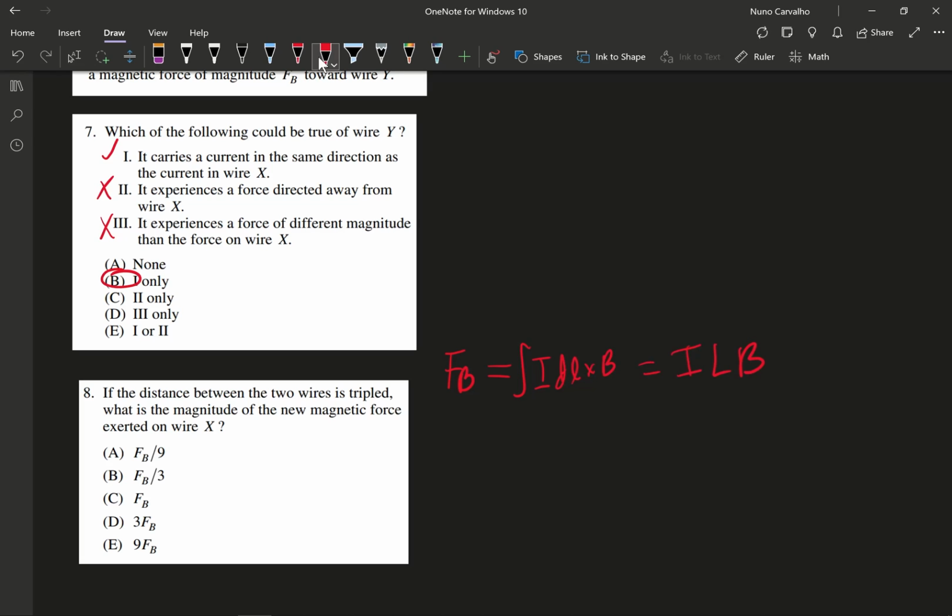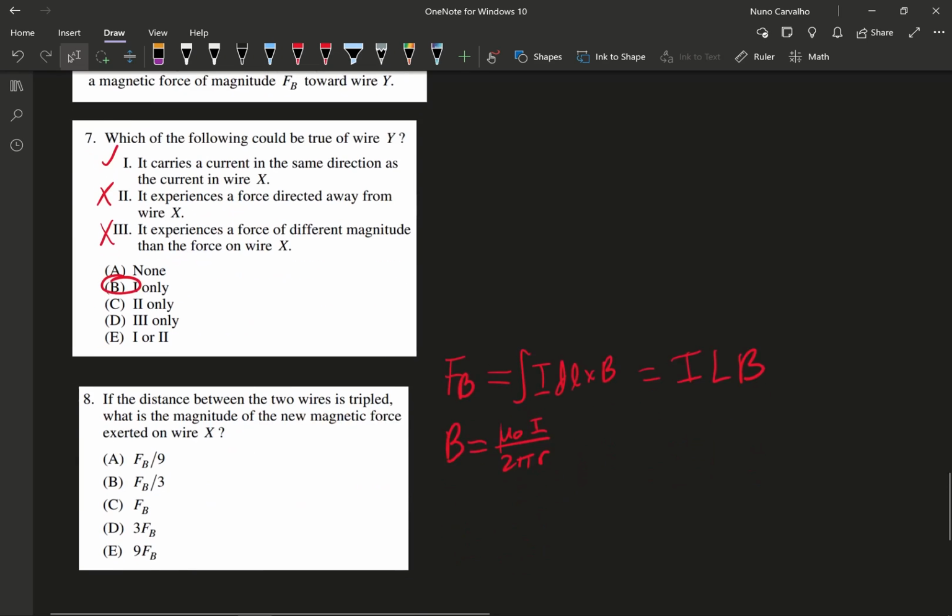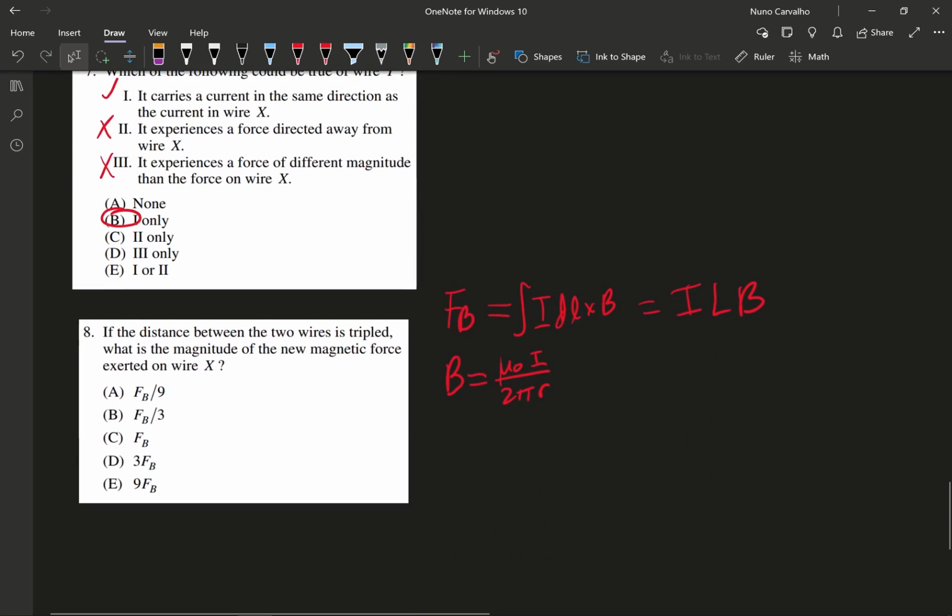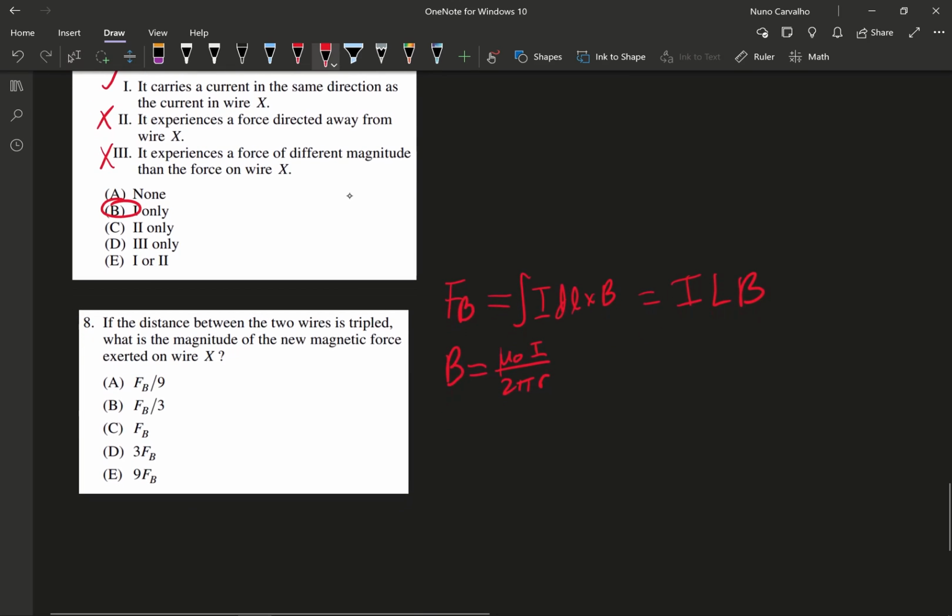But then we also don't know what the magnetic field itself is, and this is not given to you on your formula sheet, but you can derive it using Ampere's law. But it will look something like this, where R here is the distance between the two wires. And by the way, these are technically different magnitudes here.